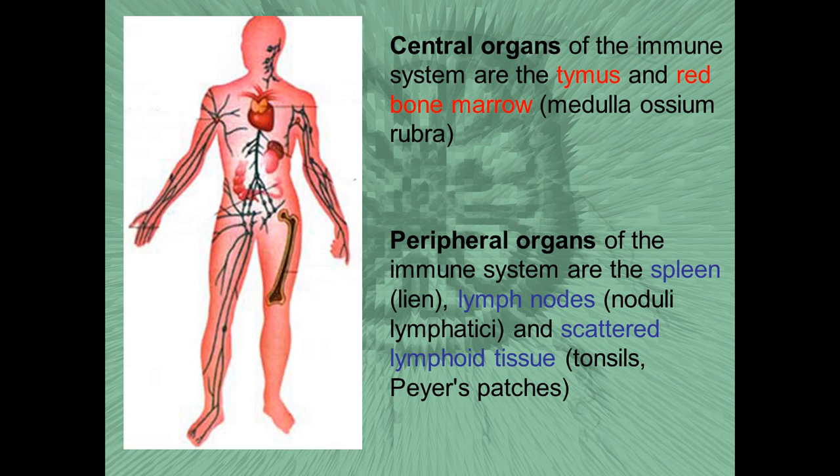You have to understand the difference between immunity and non-specific resistance. What does it mean? Non-specific resistance also protects our body, but it protects our body against absolutely everything which will enter our body.